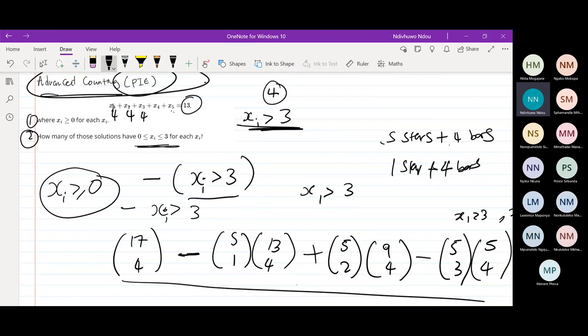And why are we subtracting those that are greater than 3, whereas we want the interval 0 to 3? This allows us to only have solutions that are between 0 and 3 because we have removed all those that are greater than 3. So the solutions that remain here will be between 0 and 3. And that's how we do the advanced counting using stars and bars.